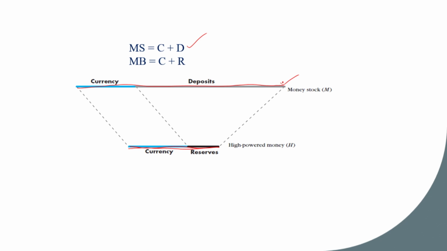If a central bank does open market operations or makes discount loans to the banking system, it can influence the reserves or the currency, but the size is only this much, whereas the total money supply is this much.